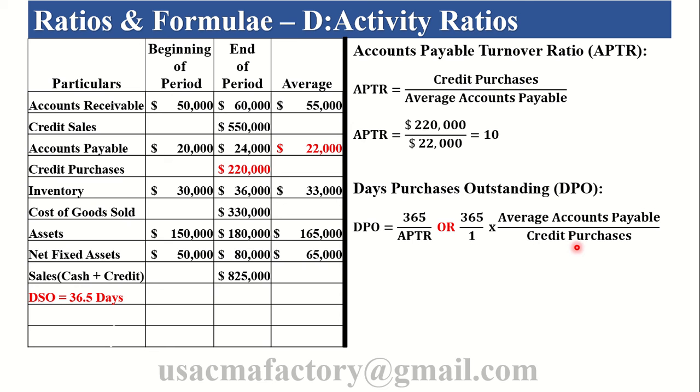Here also we can use either formula: 365 days divided by APTR, or 365 divided by 1 times average accounts payable by credit purchases. In either case, 365 by 10 directly, or 365 divided by 1 times 22,000 divided by 220,000, either formula gives the answer 36.5 days. So note it down here, days purchases outstanding 36.5 days.